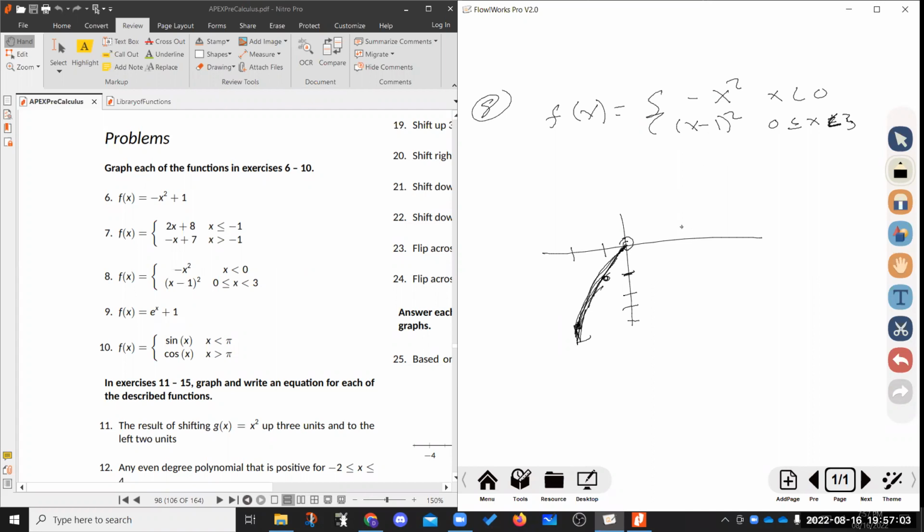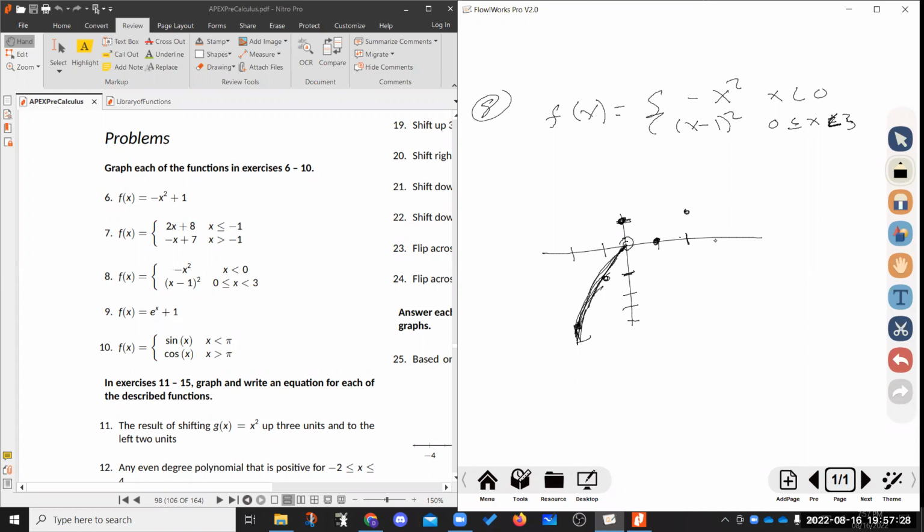Now I'm going to shift to the right one over here. Let's first stick in 0. It's 0 minus 1 is -1, -1 squared is 1. So we get this. Now our vertex is going to be at x equals 1 here. At x equals 1, this is 0. At x equals 2, this is 1 again.